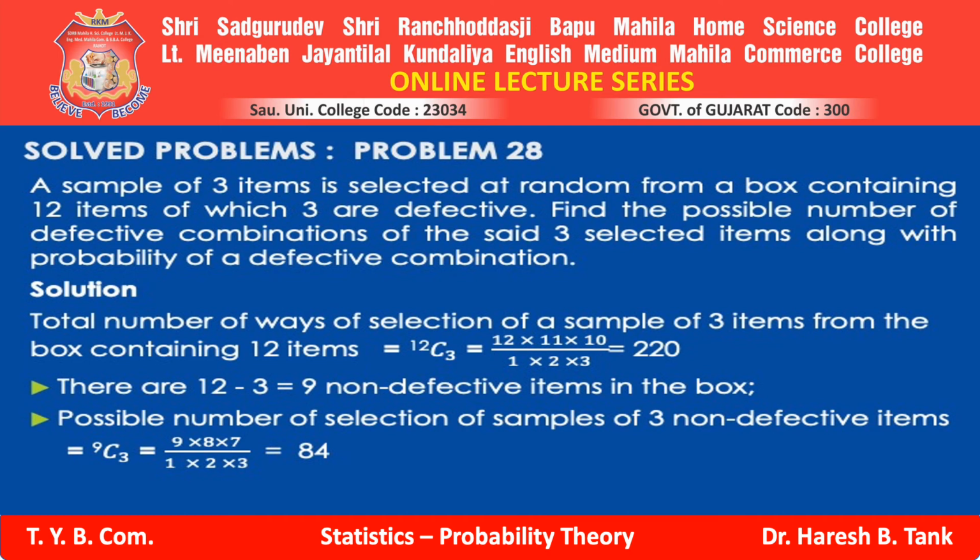The total number of ways of selecting a sample of 3 items from the box containing 12 items becomes 12C3. So this 220 becomes the exhaustive cases. There are 12 minus 3, which are 9 non-defective items in the box. So the possible number of selections of a sample of 3 non-defective items becomes 9C3, which is 84.